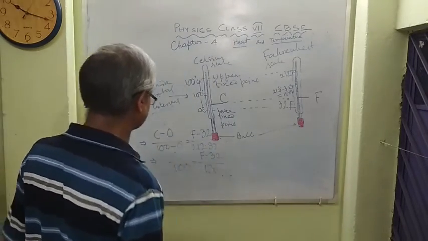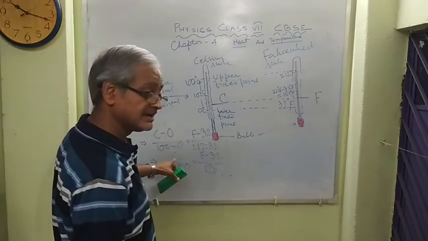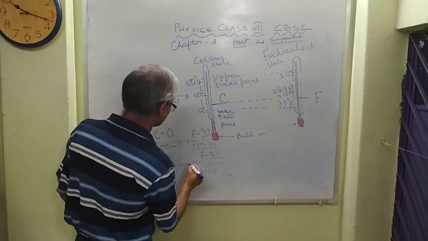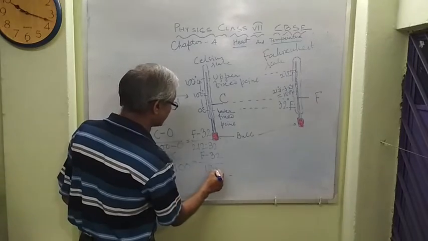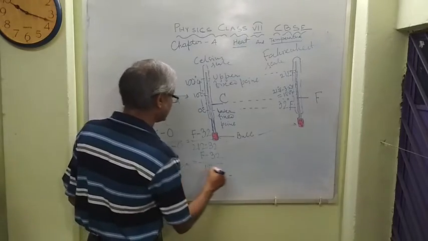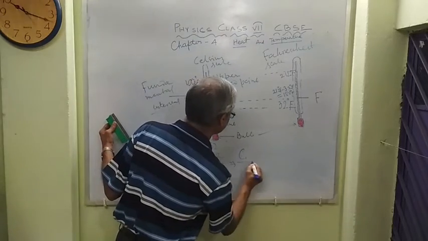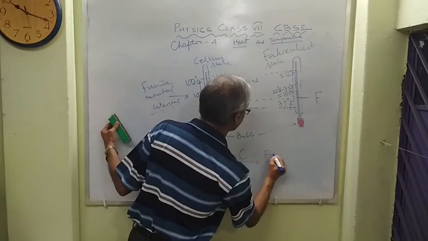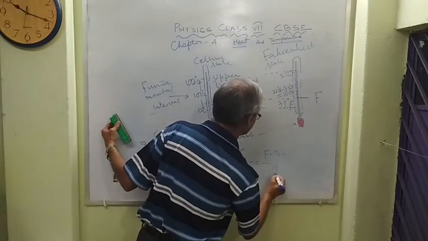Now, if we take a simple equation, we cancel the 0 of 100 and the 0 of 180, then ultimately we have C by 5 equal to F minus 32 by 9.